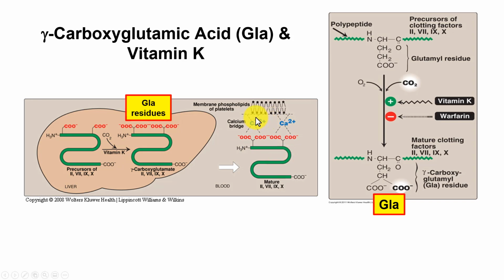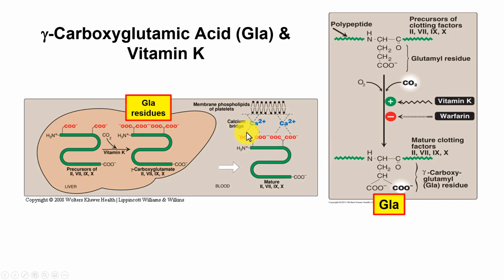That extra carboxyl group allows the clotting factors such as 2, 7, 9, and 10 to organize at a placement where phospholipid membranes and platelets are, and calcium will cross-link this, and that keeps the clotting factors in close contact with each other, so they speed things up and accelerate the process, making it work a lot better.